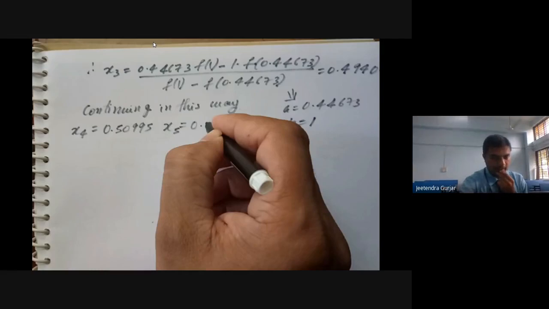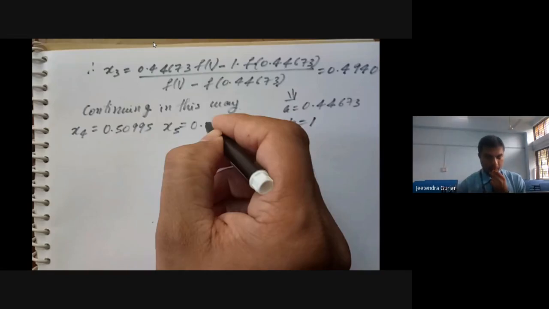We have taken A as 0.44673 and B as 1. Therefore I have written here f of 1. When we simplify this value, we get x3, that is 0.4940.